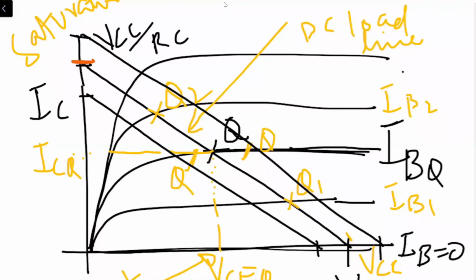So depending upon the variation in VCC, we have the change in the positioning of the line. Depending upon the variation in the RC resistance, we have the variation in the slope of the line.